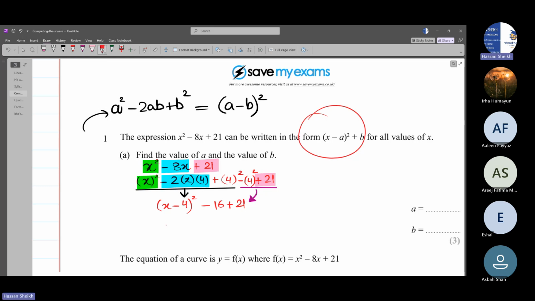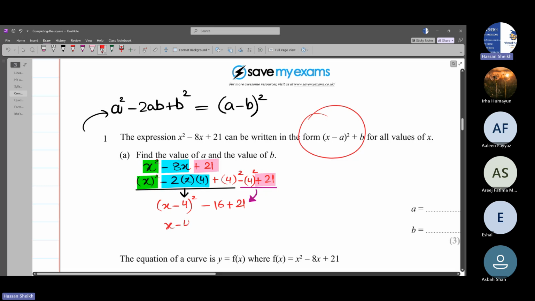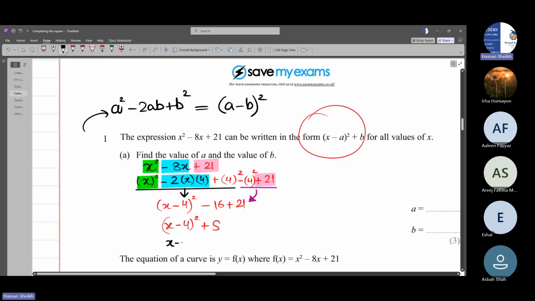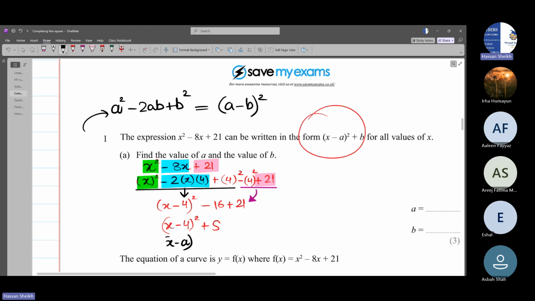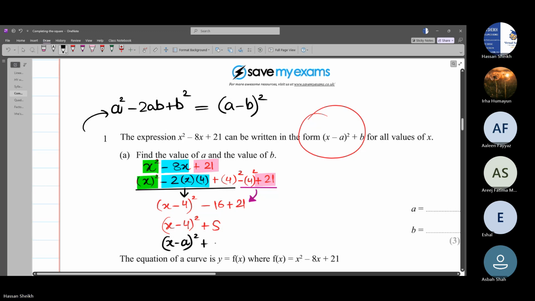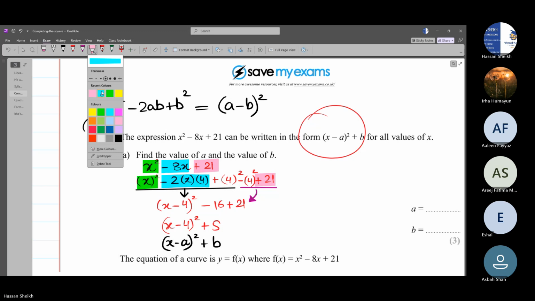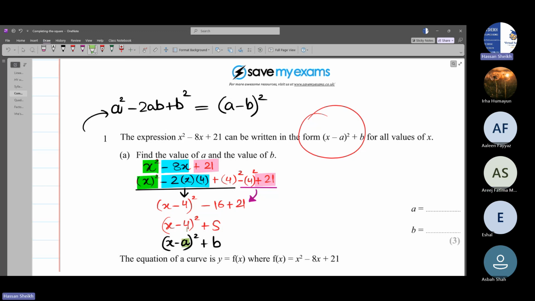Okay, now to simplify it, x minus 4 whole square plus 5. Is it written in the form they want us to write? So what is the value of a? Negative 4?